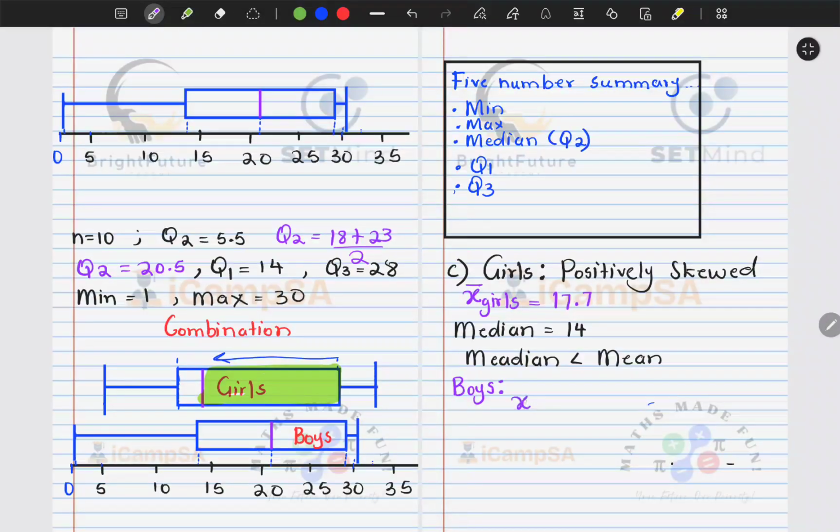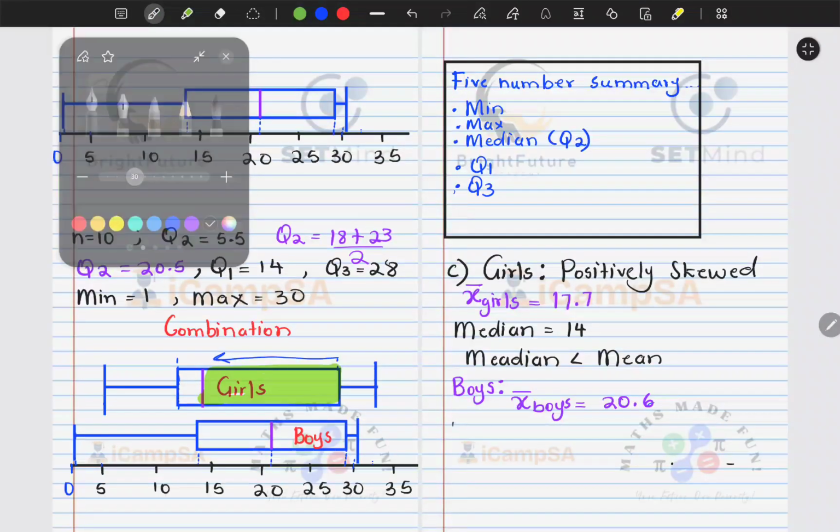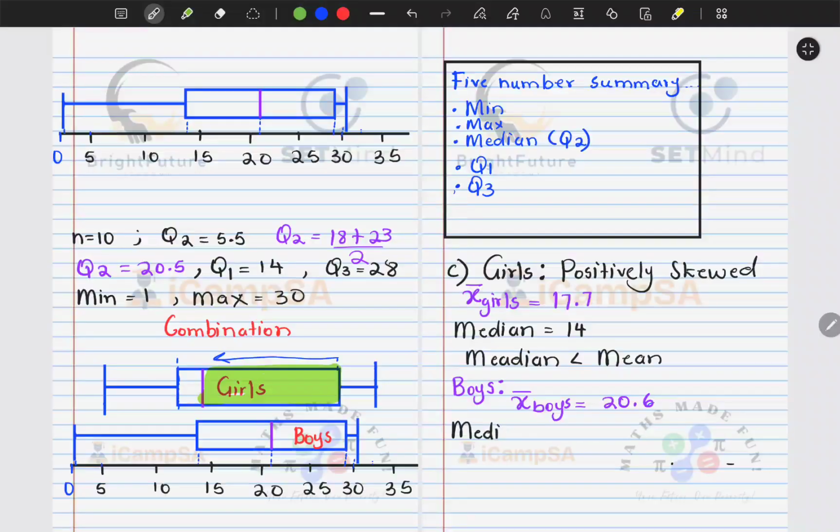For boys, if you go ahead and calculate the mean, you will see that you will end up getting 20.6. Okay. Now, remember the median for boys. The median, which is Q2, that is 20.5.